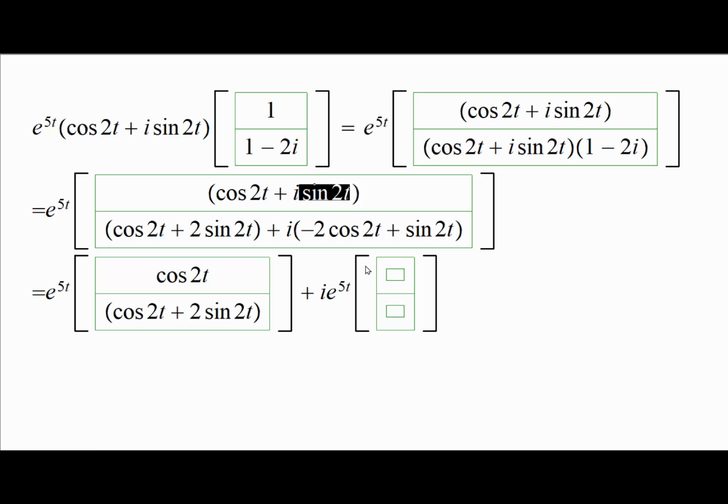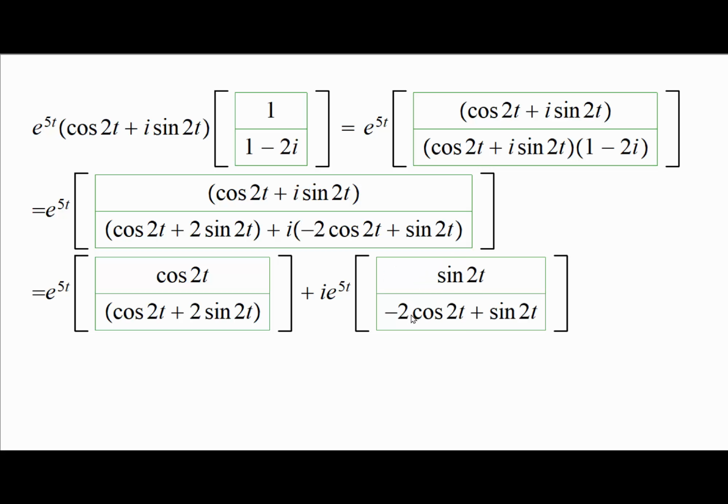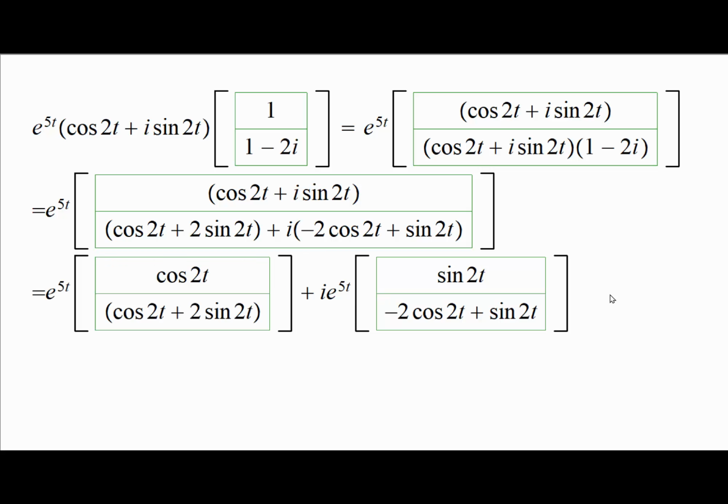We get sine of 2t, right? And then what do we get? We get this here, negative 2 sine 2t, right? So this vector here and this vector here are two linearly independent solutions, and that's all we needed to describe a general solution.